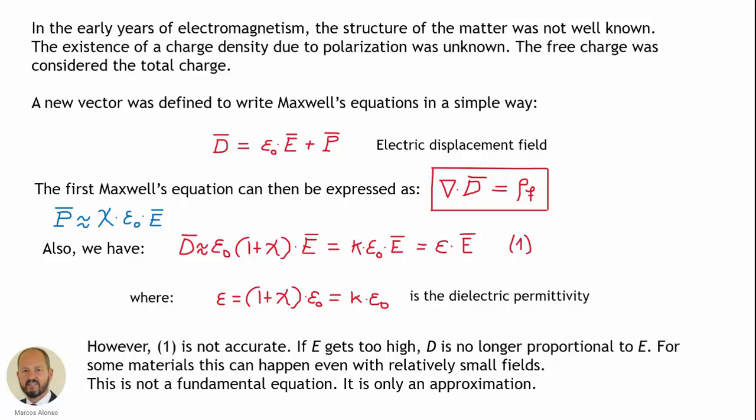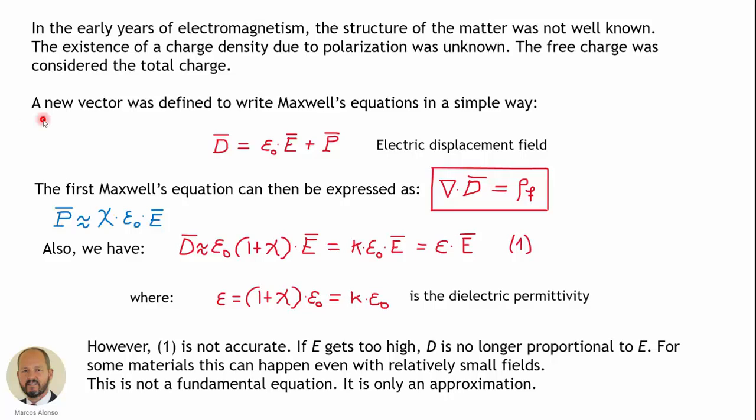So the existence of a charge density due to polarization was unknown, because they didn't have the resources to understand the behavior of the dielectric materials. And the free charge was considered the only charge that exists in the materials.